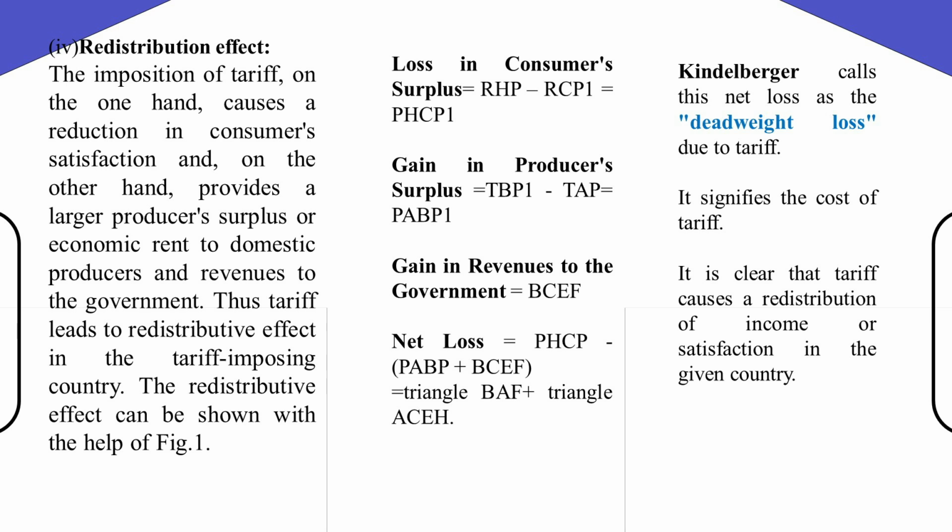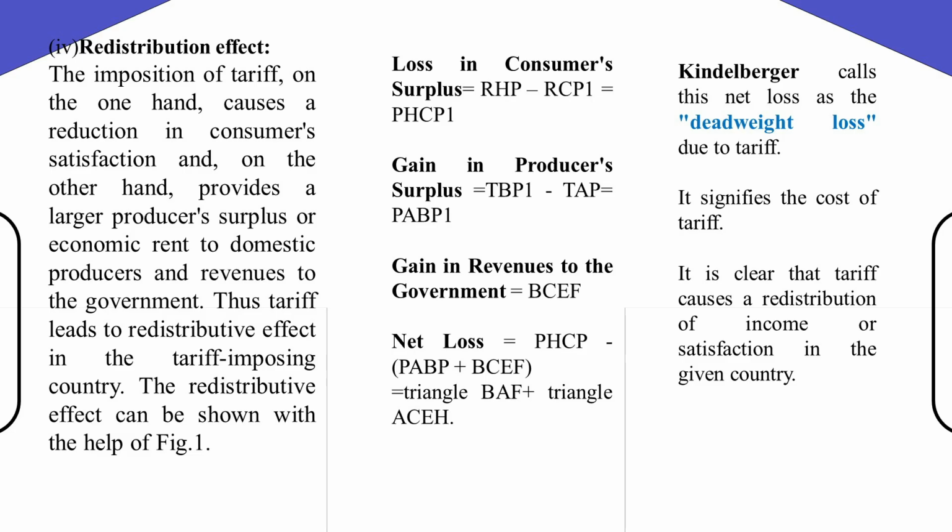The redistributive effect can be shown with the help of the above figure 1. It is obvious from the figure that the loss in consumers surplus equals the area triangle RHP minus RCP1, which equals the area PHCP1. So this is the loss in consumers surplus.